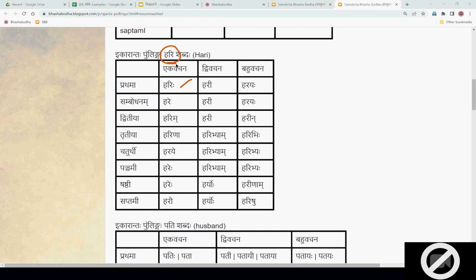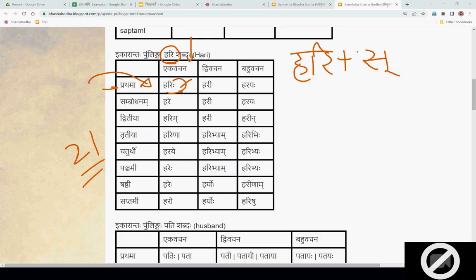We take this noun root, which is Hari, and add one of the 21 suffixes to arrive at this form. For example, to derive this first prathama vibhakti, first declension, singular, ekavachana, this form, we add something called sa here.